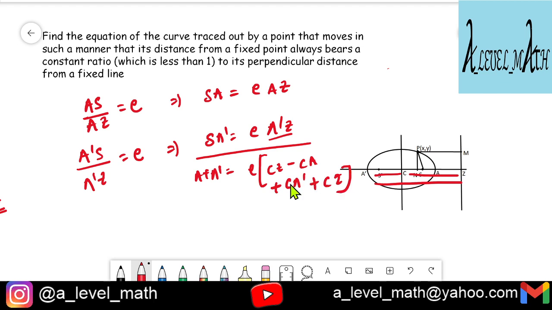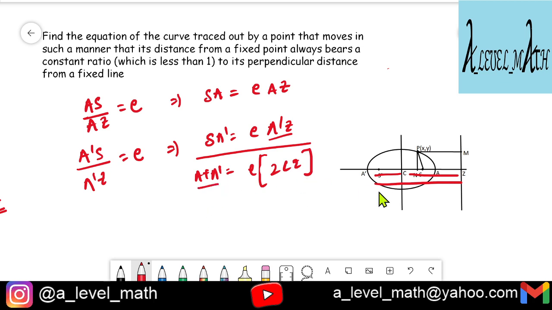Now CA and CA dash are equal because both of these are A units. So both of these I can cancel out and I am left with CZ plus CZ, which gives me 2CZ.